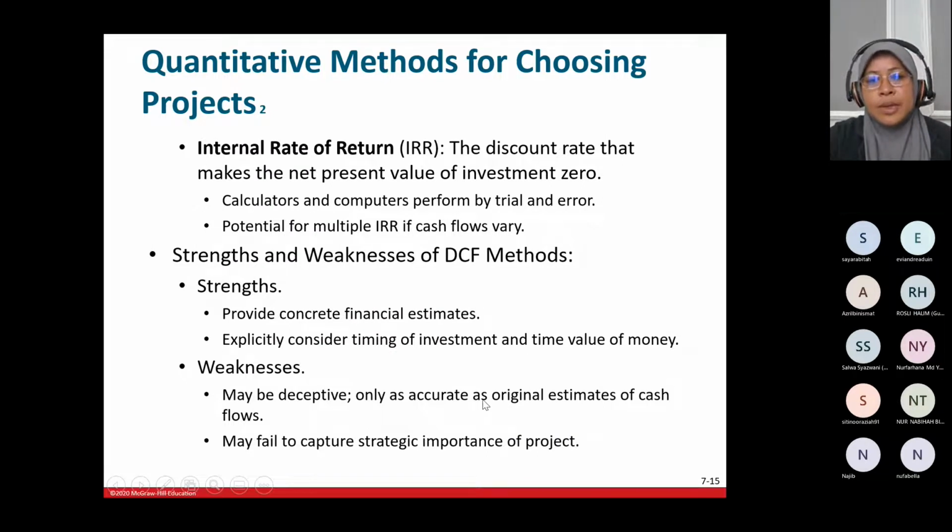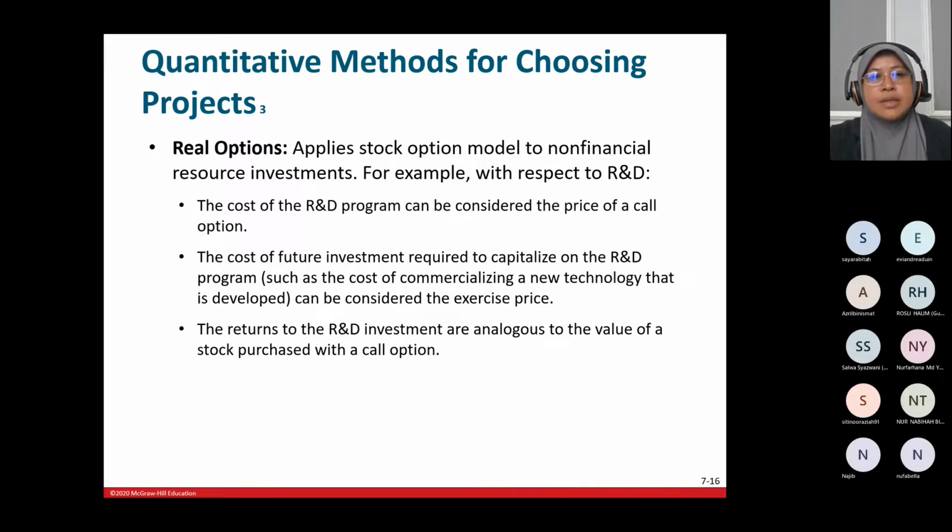It is only as accurate as the original estimate of cash flow, and it may fail to capture the strategic importance of the project, because it is very calculative and does not consider lots of factors, so there is some possibility that estimated cash flow may not be as per expectation. When we discuss cumulative calculation, this is where some strategic things are neglected and not taken into consideration.